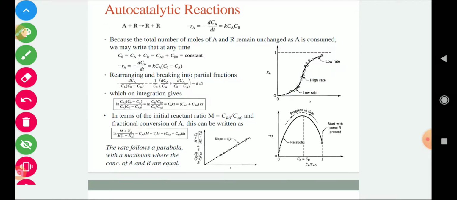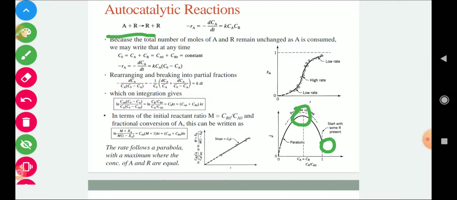And in the lower graph, as you can see, initially the reaction starts with some R present, so the reaction rate is very small, but as time proceeds the R increases, and a time is reached when there are equal numbers of A and R present in the reactor.